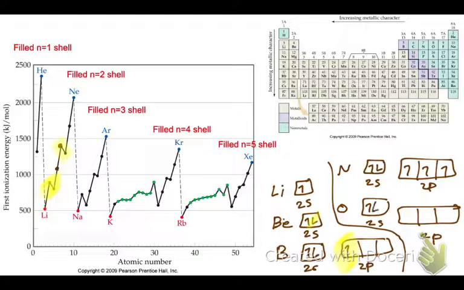For oxygen, 1, 2, 3, 4, 5, and 6. Now, removing this electron will be much harder than removing this last one. And the reason for that, because removing the one from the nitrogen will disturb the half-filled p orbital, while removing the one from the oxygen will create the half-filled p orbital, which has a special stability.